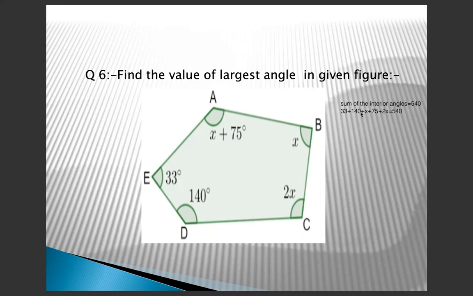Okay, so we have 33 plus 140 plus x plus 75 plus 2x, which comes out to be 540. Now when we add this, we will get 248 plus 4x, and the sum will remain 540.